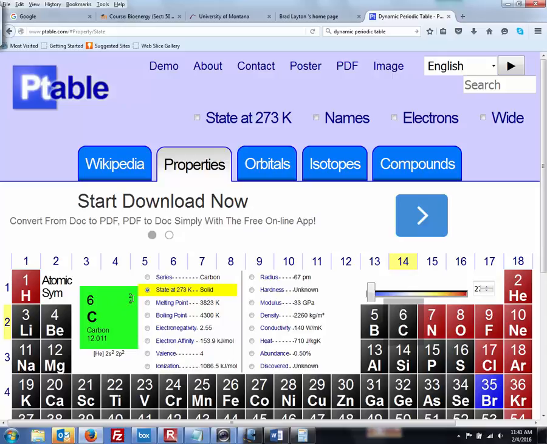There are 2 electrons in its 2s orbital, and then the 4 in the 2p, like we just said. This number right here is its molecular weight, 12.011. For now, I'm just going to use the number 12.